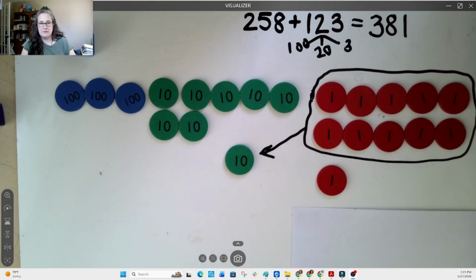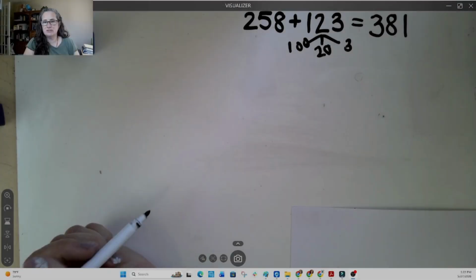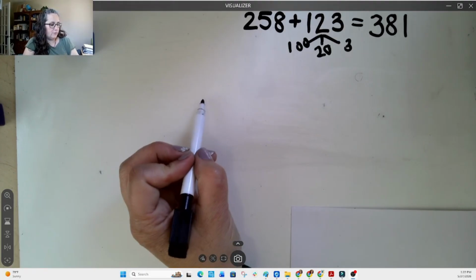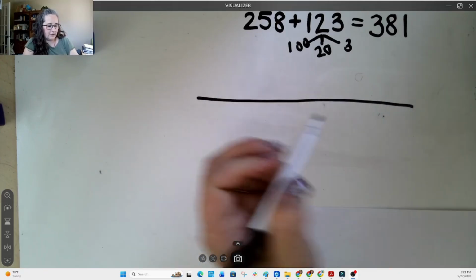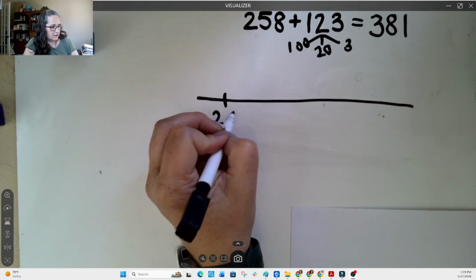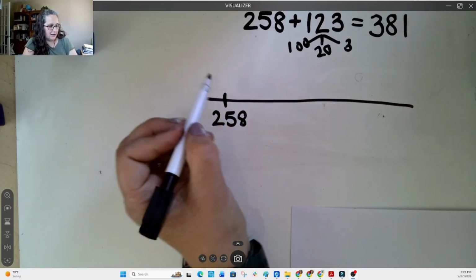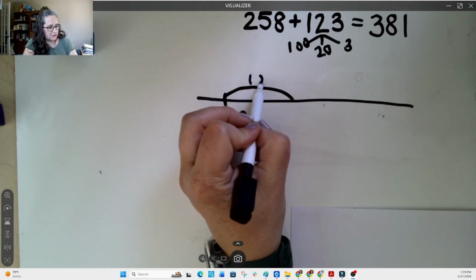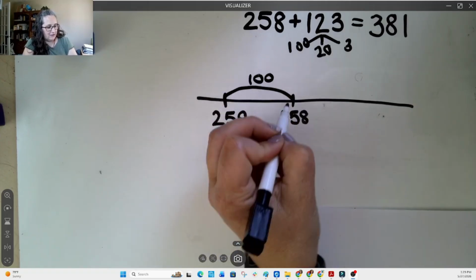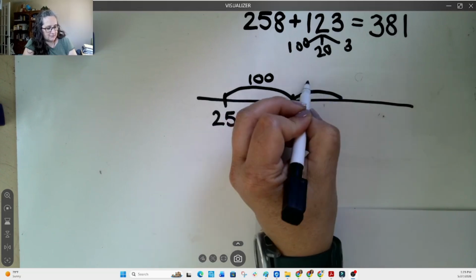Let's look at another way we could model this. This strategy doesn't feel all that much more efficient than counting on, except that we're counting on by units. Once we start to work on a number line, it starts to feel a lot more streamlined. When I start at 258, I'm going to add 100, and that gets me to 358, and then 2 tens.